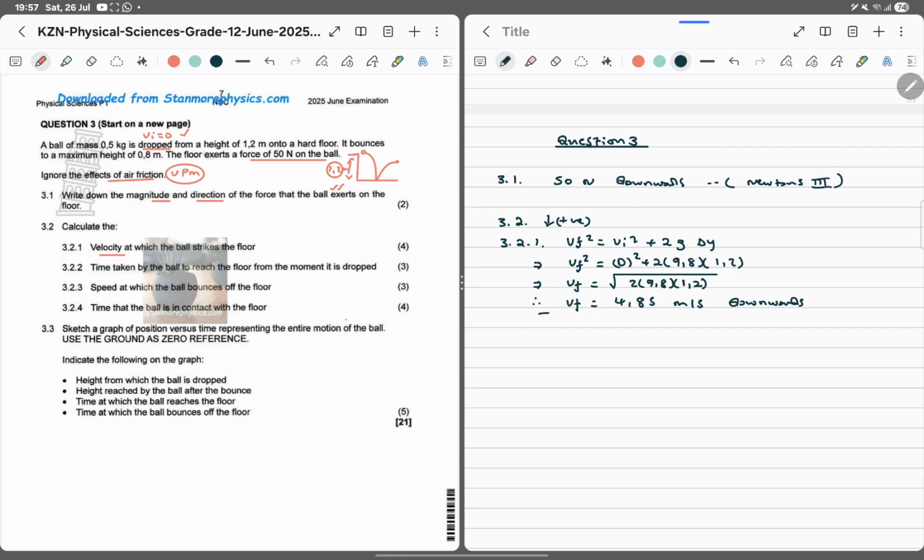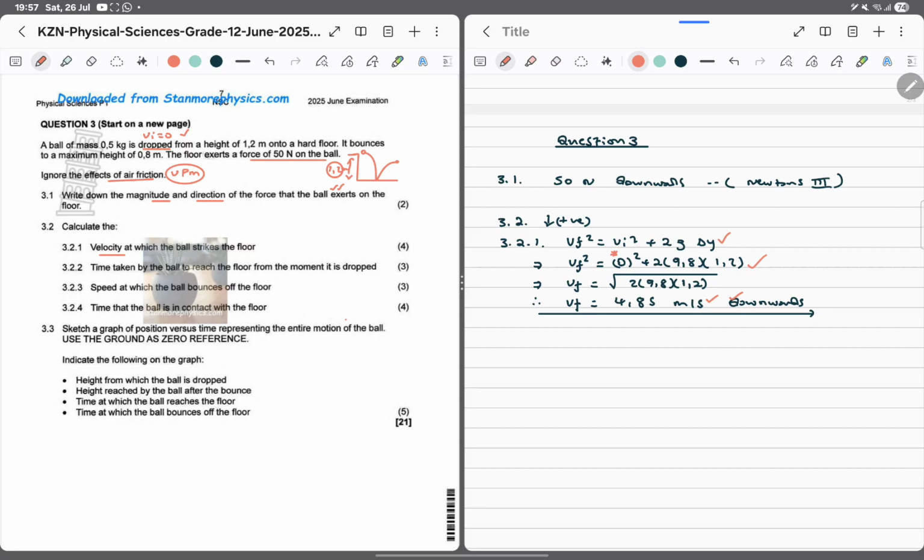Okay? If this is not part of the answer, guys, the final mark is lost. So we often get a mark for a formula, substitutions, answer. Another person may think of giving the mark for the initial velocity because it took knowing that it's going to be 0.